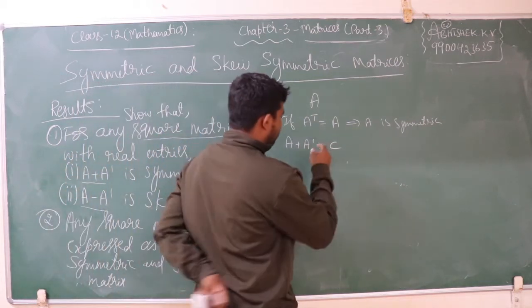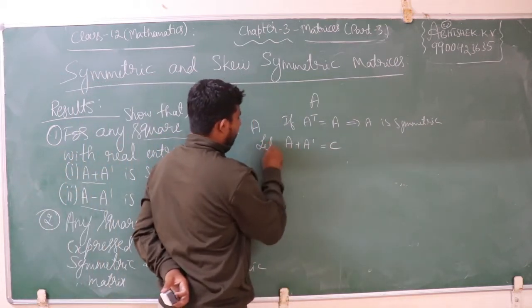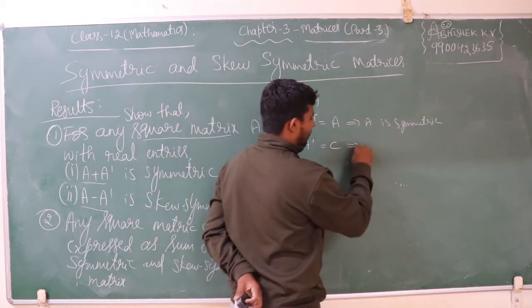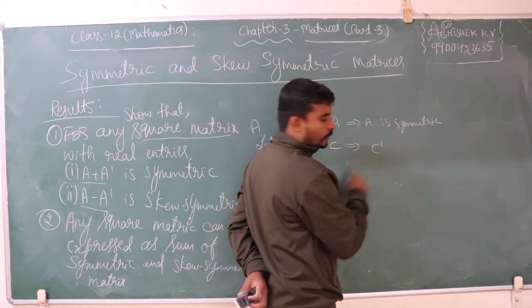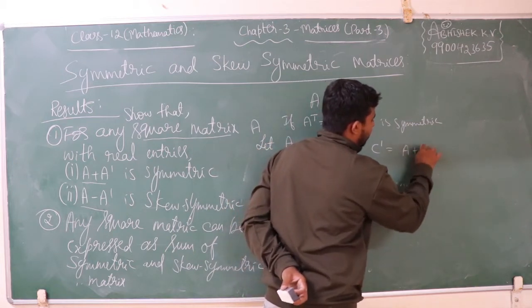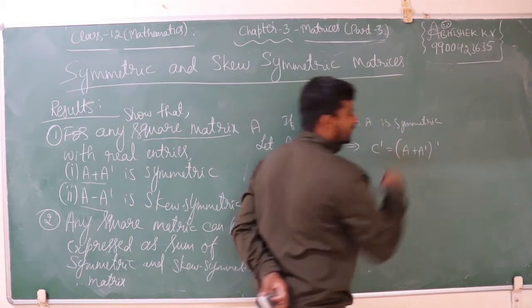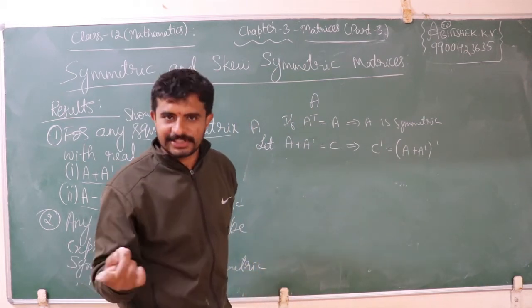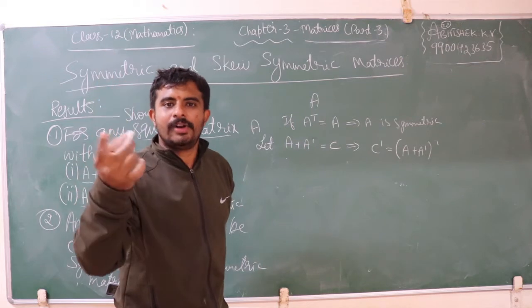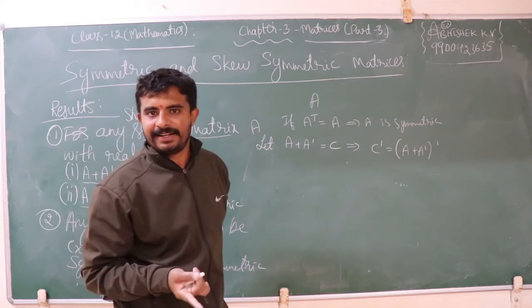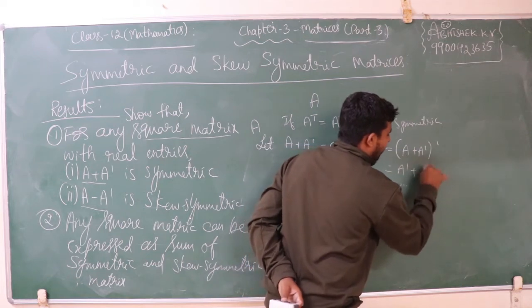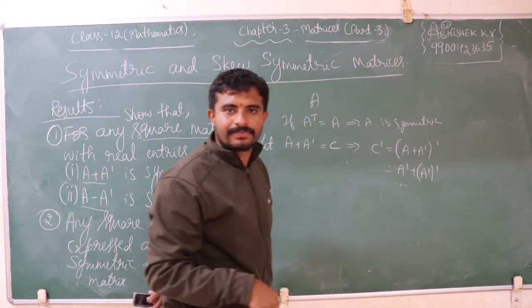Is it clear? See, let A plus A transpose be equal to C. This implies, what about C transpose? This is equal to A plus A transpose whole transpose. According to the property of transpose of a matrix, A plus B whole transpose is equal to A transpose plus B transpose. So this can be written as A transpose plus A transpose whole transpose.